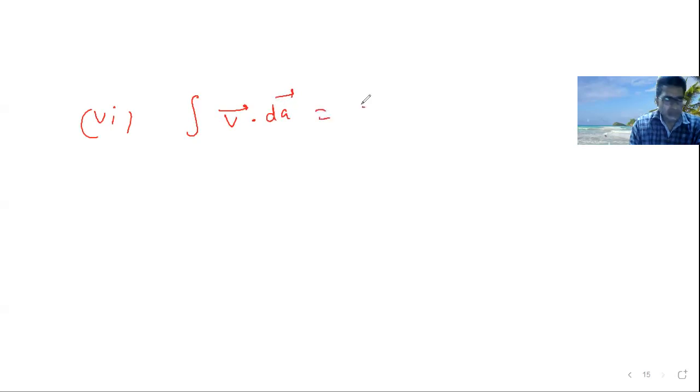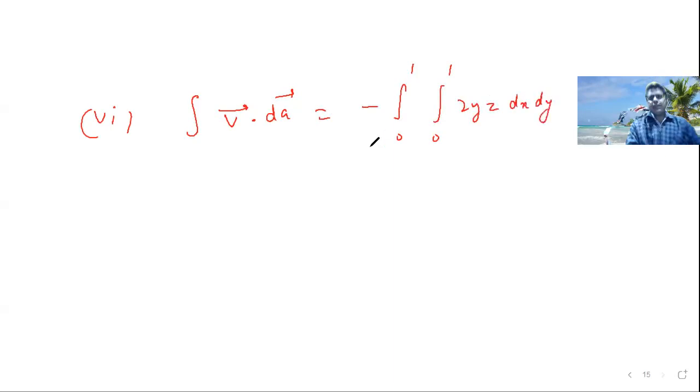It is minus 0 to 1, 0 to 1, 2yz dx dy. Why minus? Because now it will be pointing along negative z direction. Now z is 0 for the sixth piece. So when you put z is equal to 0 in this integral, it will be 0.